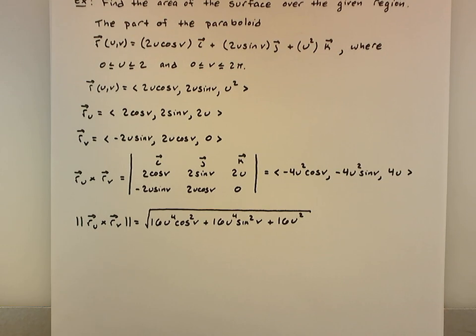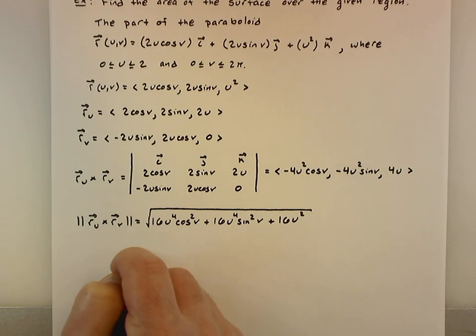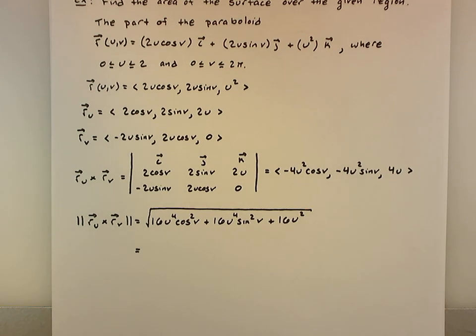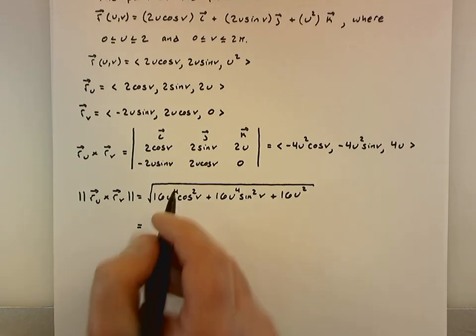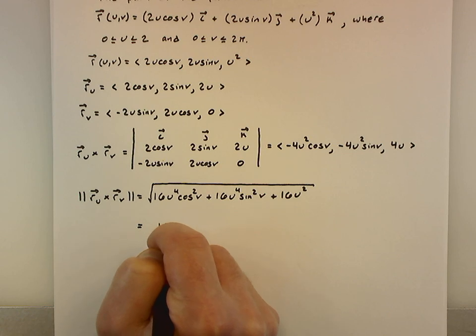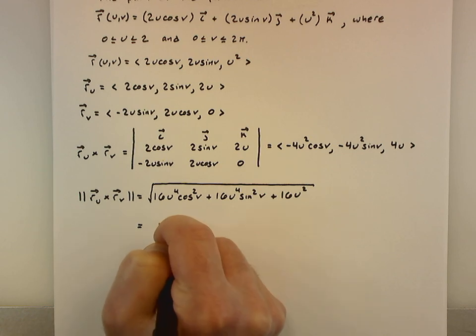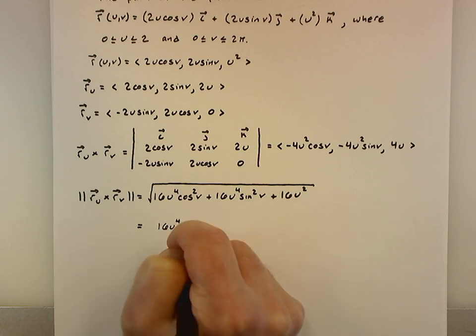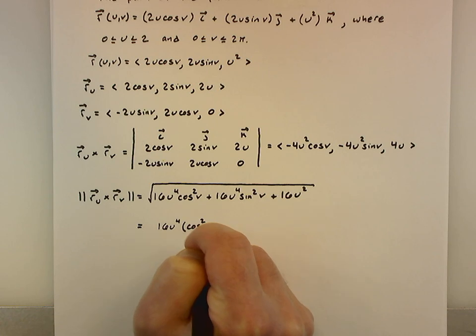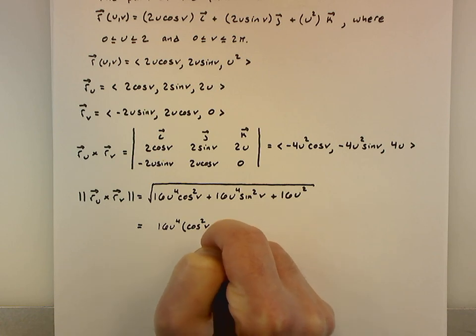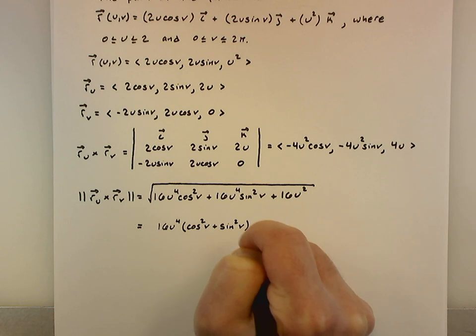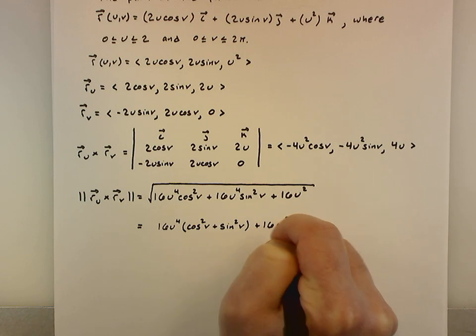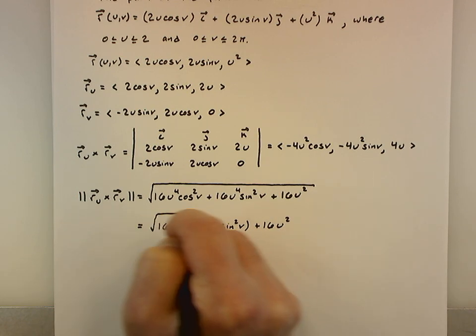That's inside the square root. If I simplify this, I can factor out a 16 u to the fourth. If I factor out a 16 u to the fourth, I'm left with cosine squared v plus sine squared v plus 16u squared.